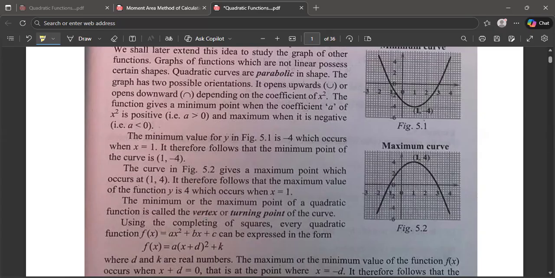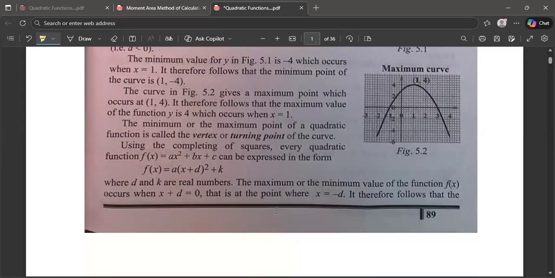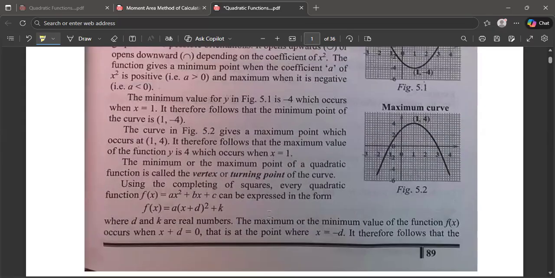It therefore follows that the minimum point of the curve is (1, -4). The curve in figure 5.2 gives a maximum point which occurs at (1, 4). It therefore follows that the maximum value of the function y is 4, which occurs when x equals 1.